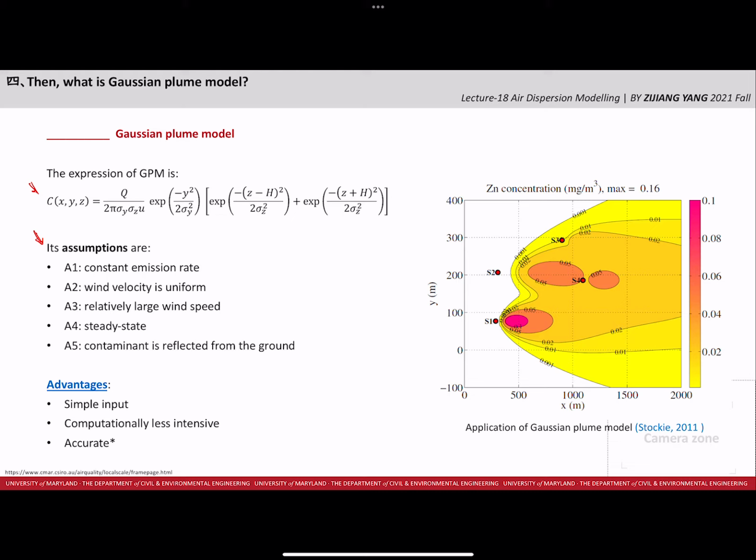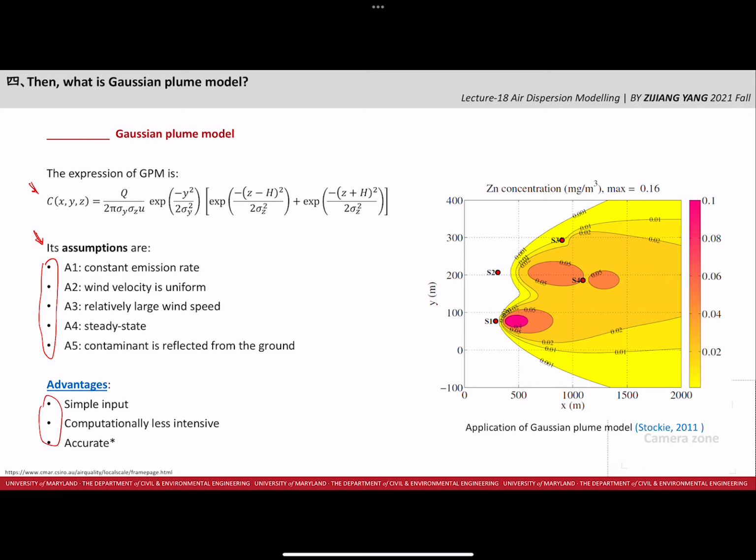For the assumptions, I still use the assumptions of the mathematical approach because that is more strict. They are the same when we simplify this equation.